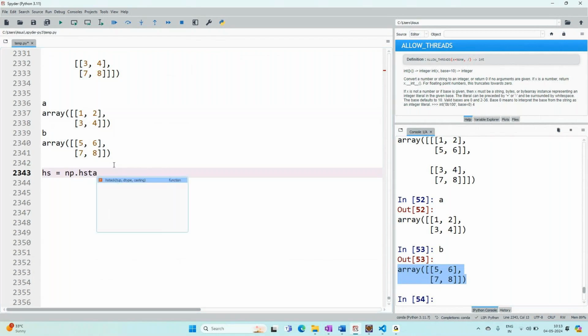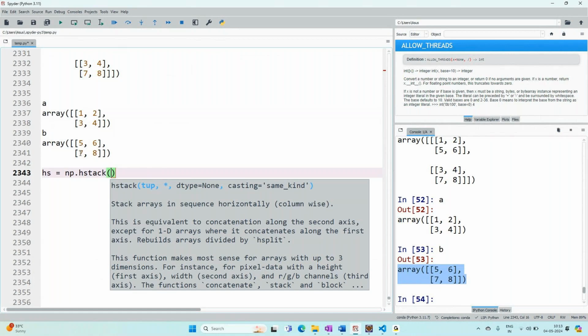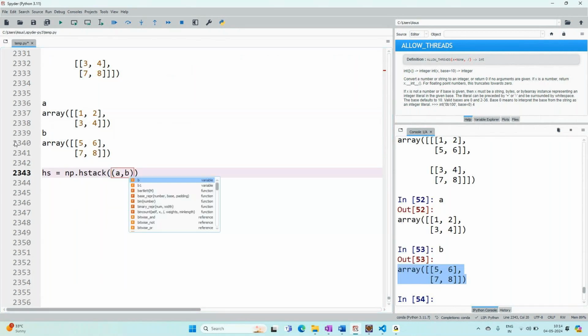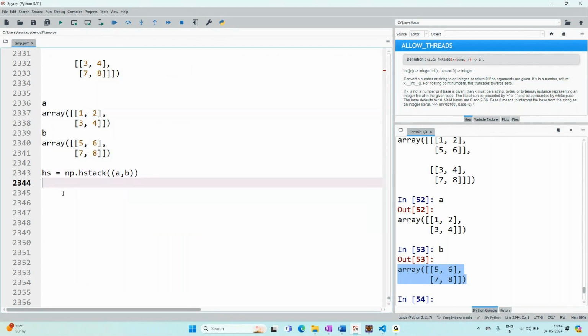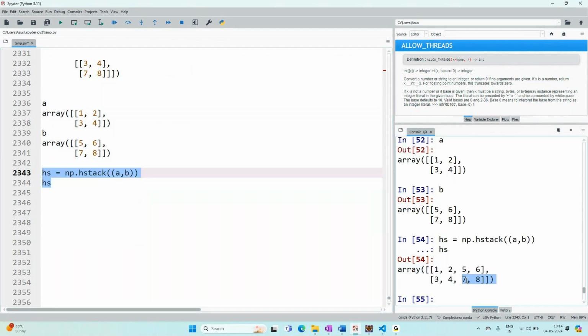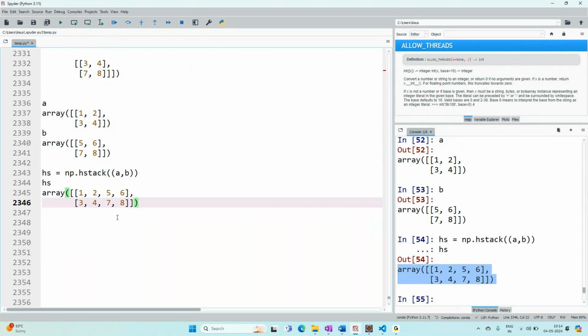Don't try to put any axis over here. So we will say hs. So what is hs now? Hs is not making a 3D array, but it is combining in horizontal.